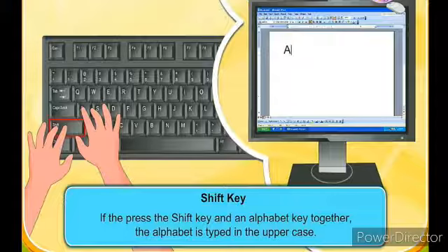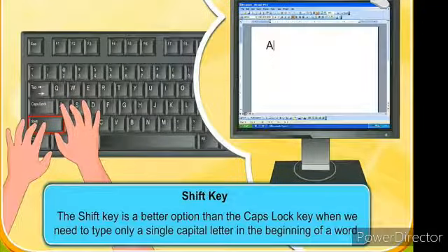If you press the shift key and an alphabet key together, the alphabet is typed in upper case. The shift key is a better option than the caps lock key when we need to type only a single capital letter at the beginning of a word.